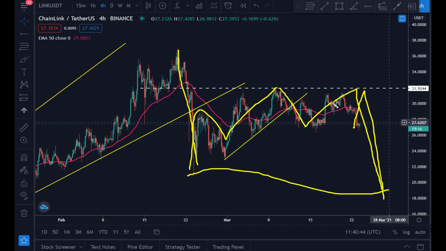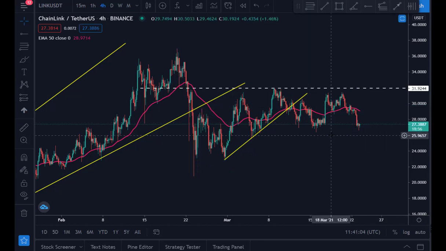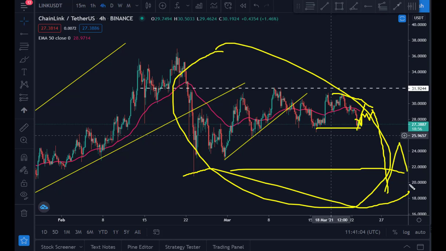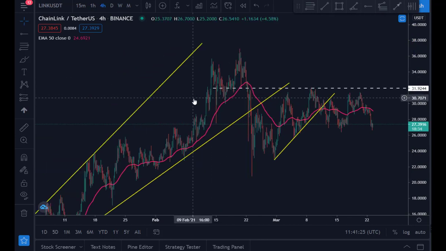Something like here. We might have this sluggish move like this, something coming to tag this low. And once this low is tagged, we can see that to be complete. Then based on what it forms here, either it goes up or it can decide to go sideways. All right, so that's about Link.